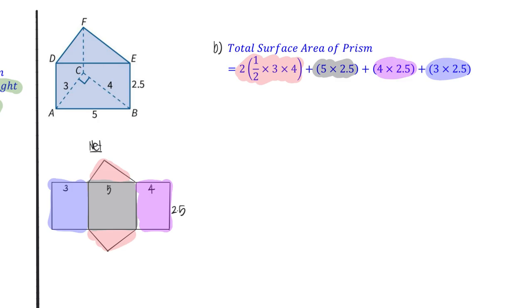And you add them up, and you should get 42 cm square.